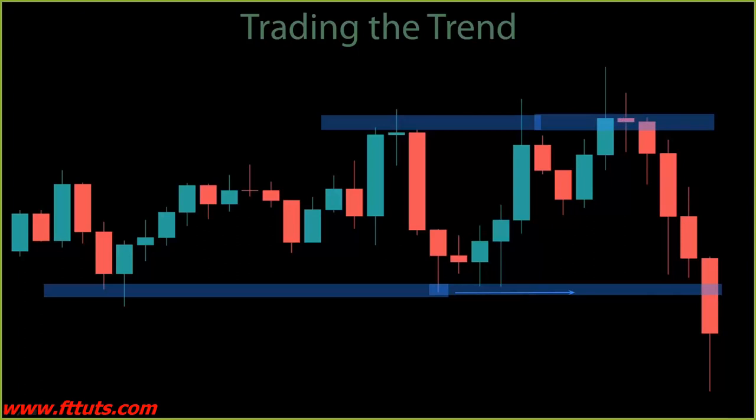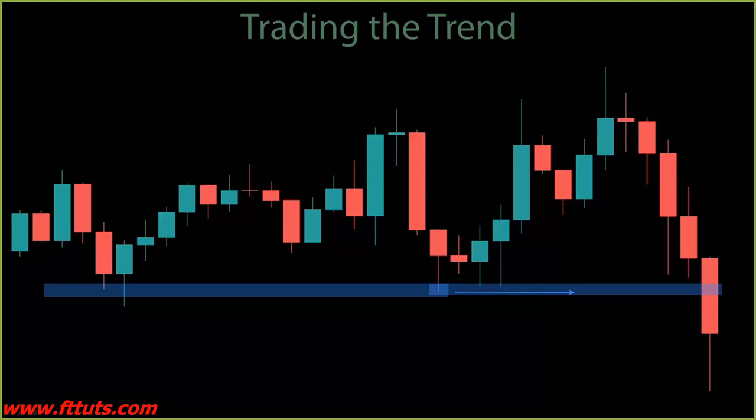Now someone can argue, what if we had this area here and we had this candle closing bullish? If this candle was closing bullish, there was the potential on that rejection at the resistance.